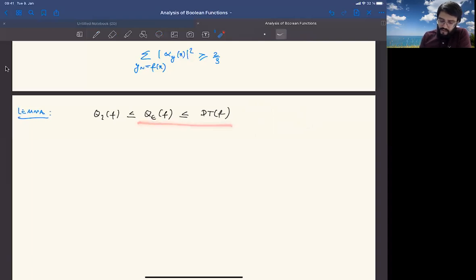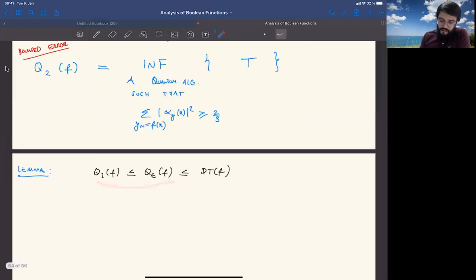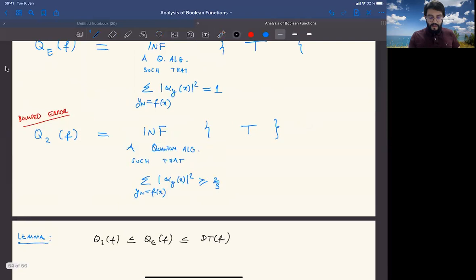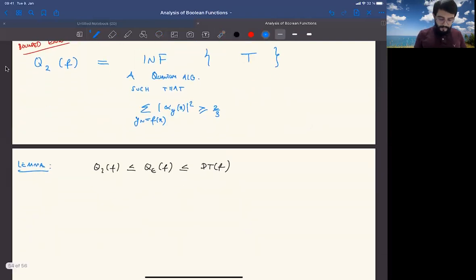So this is sort of trivial, and we see more or less how you can do it from that. And this is definitely trivial, because bounded error from exact is trivial. Okay.